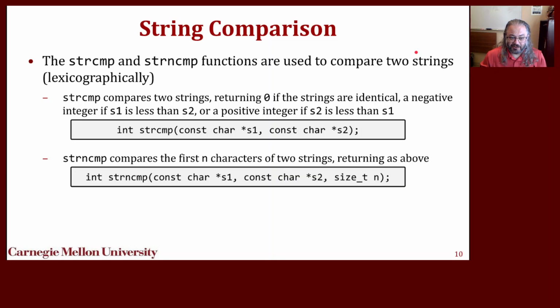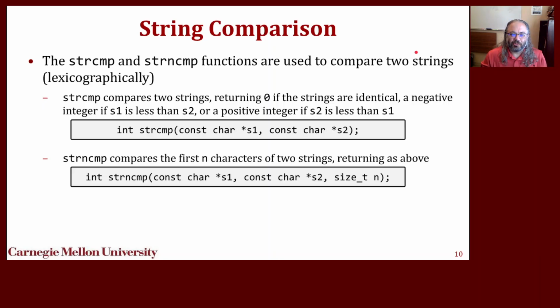A negative integer will be returned if the first string is lexicographically less than the second string, meaning it occurs first if they're sorted. Or it will return a positive integer if S2 is less than S1, meaning S1 comes after S2.